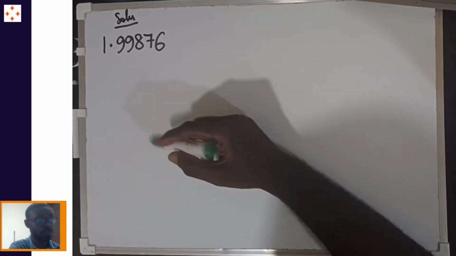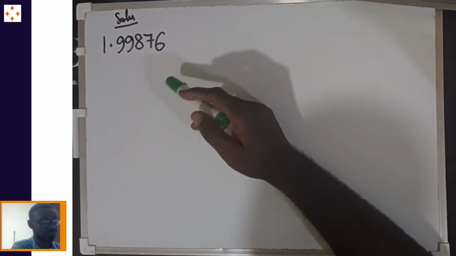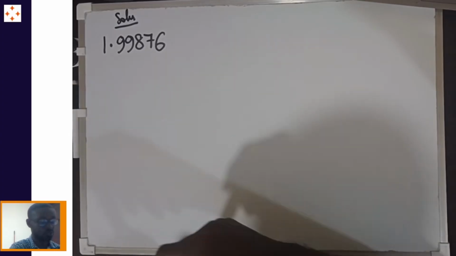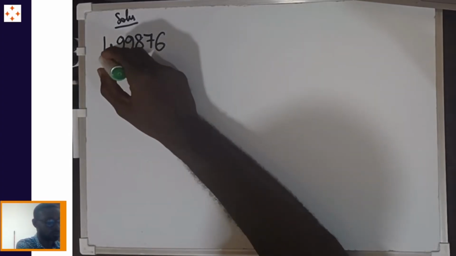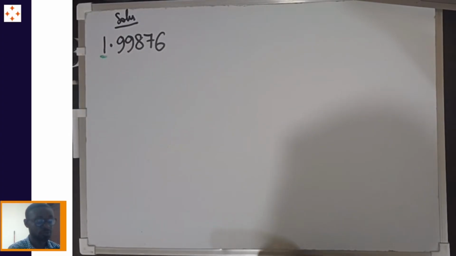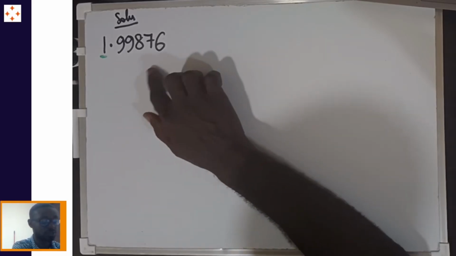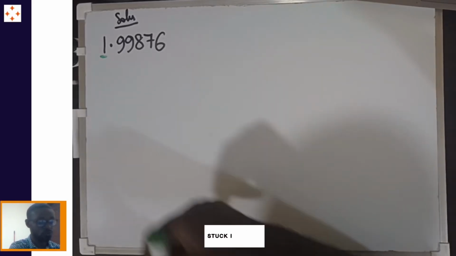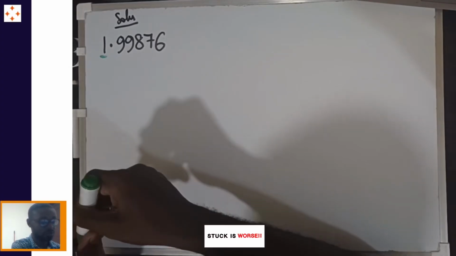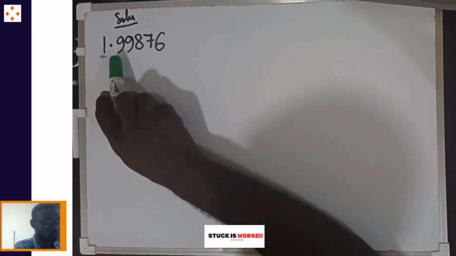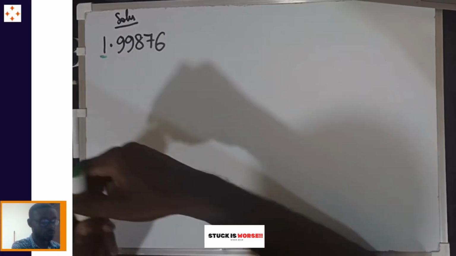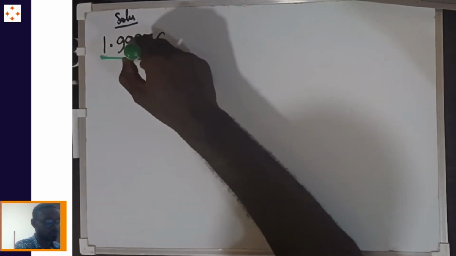And we know that the most significant number in this number is 1 here. So it means if we are looking for three significant figures within this number, we have to look from the left hand side. So we have 1, 2, and 3. So these are three significant figures.